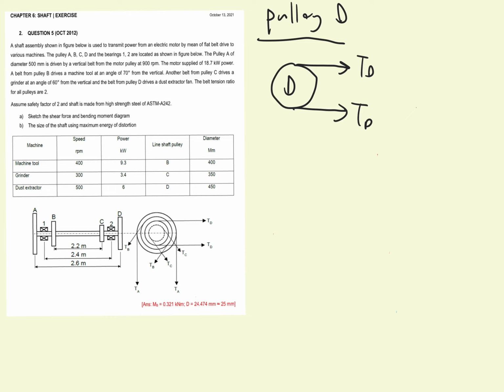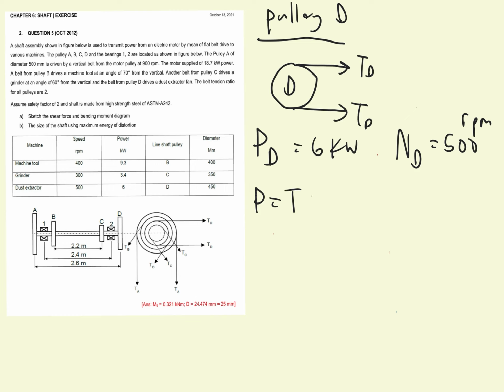So given that the power for pulley D is 6 kilowatt, and the speed of pulley D is 500 revolutions per minute, we can find the total torque at pulley D. So P is equal to T omega.